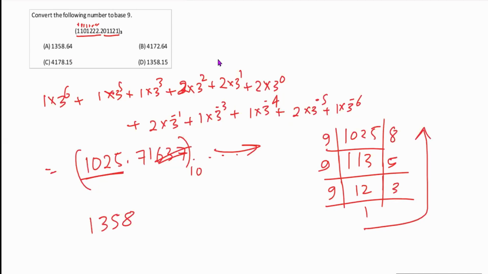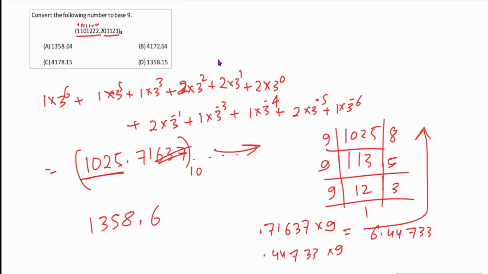For the fractional part 0.71637, you need to multiply by 9, and you will get 6.44733. So you can take out this 6, and the remaining number is 0.44733.